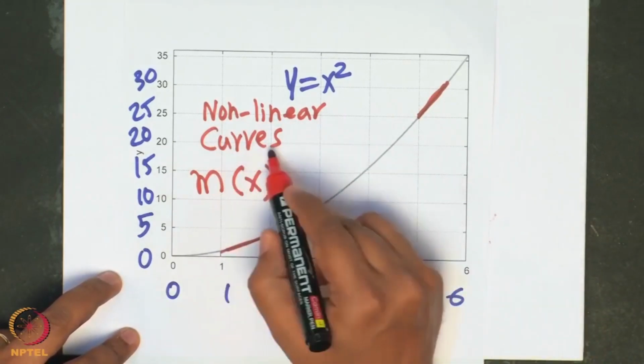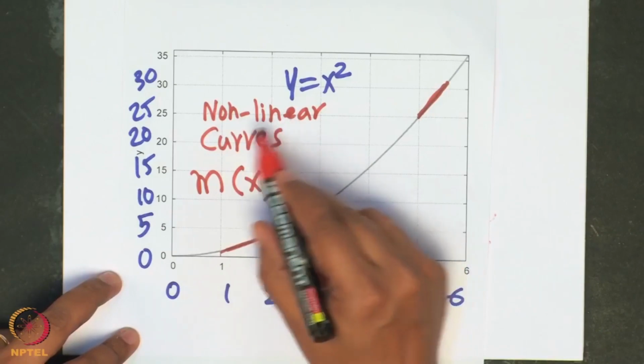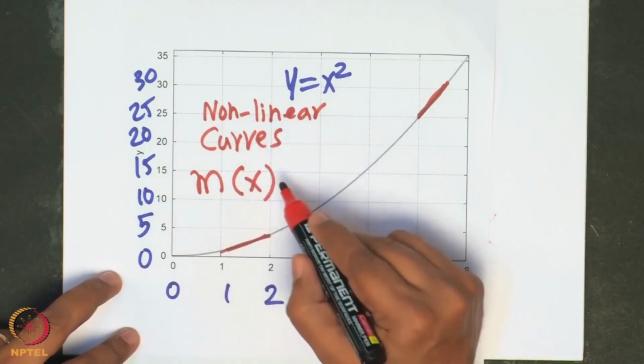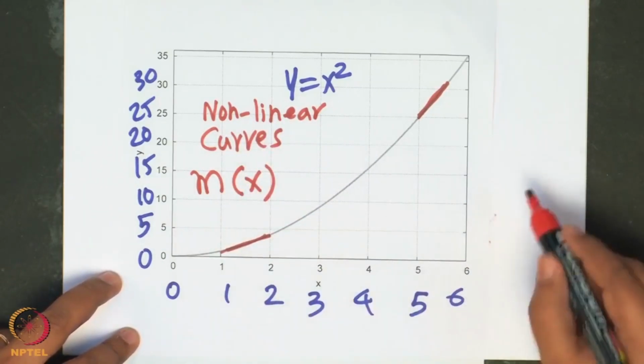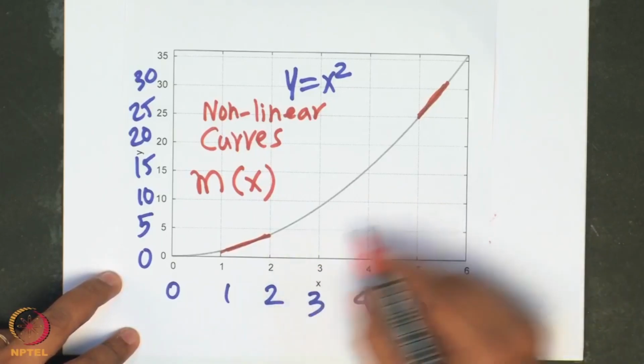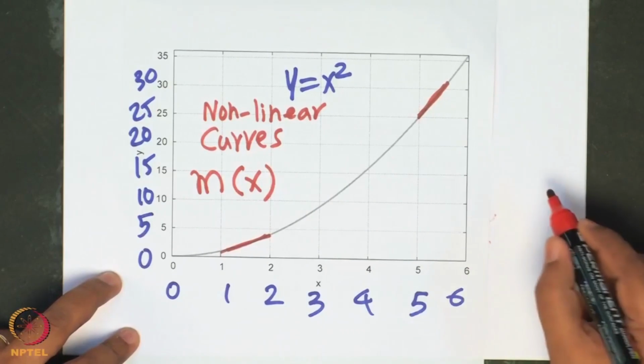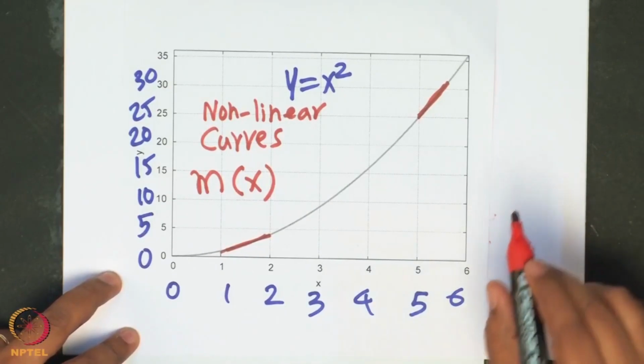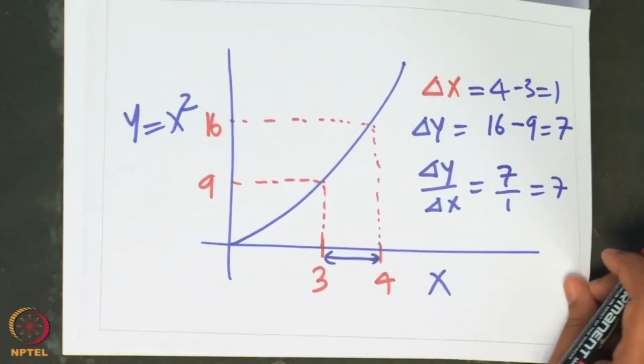For non-linear curves, which is a curve that is not a line, the slope would depend on the x value at which you calculate it. So slope is a function of x. This is the first point you want to know. Now the obvious question will be, we had this calculation that we did, which is the slope between 3 and 4.